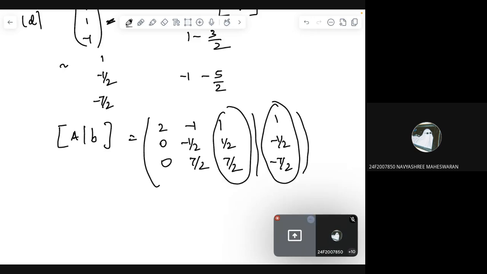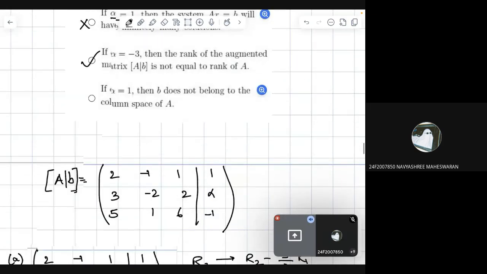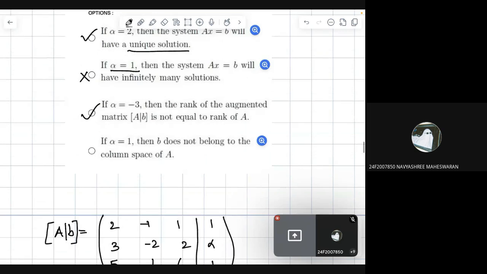This has got positive 1, but this is half, this is minus half, this is 7 by 2, this is minus 7 by 2. And if we compare with this particular column, here we have minus half, this matches, but the other two components do not match. So this B does not belong to the column space of the matrix A. So our last option is correct, because we have to say it does not belong.